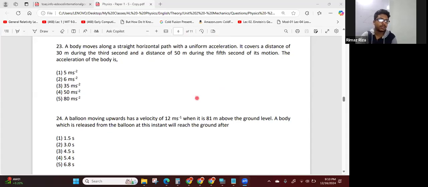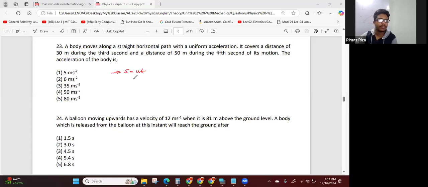Here it says 30 meters during 1 second. No, you can't take it like that. If it's moving with constant acceleration, you can't take it like that. If you use x equals ut, then the acceleration has to be 0.